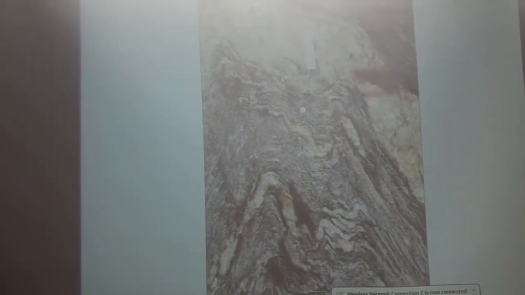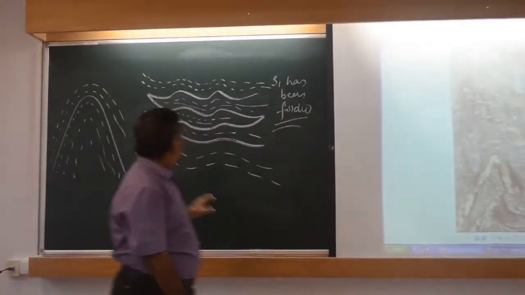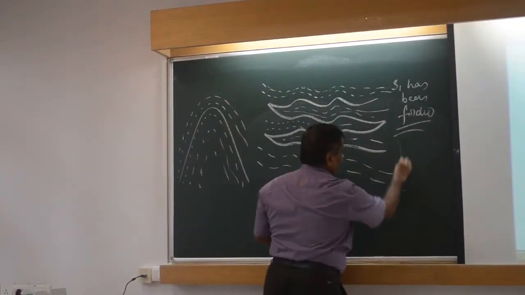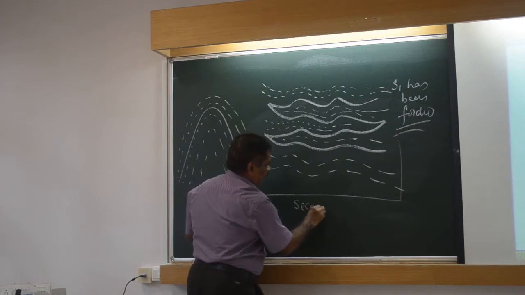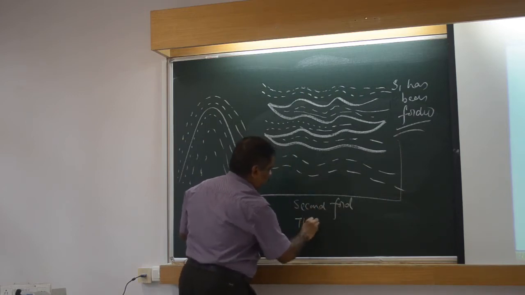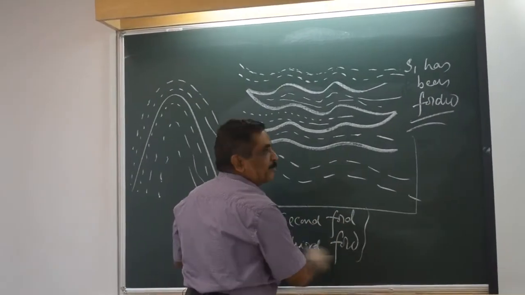Now, if the S1 surface has been folded, these folds are second fold, third fold, it could be anything. And later we will discuss what is second fold, what is third.